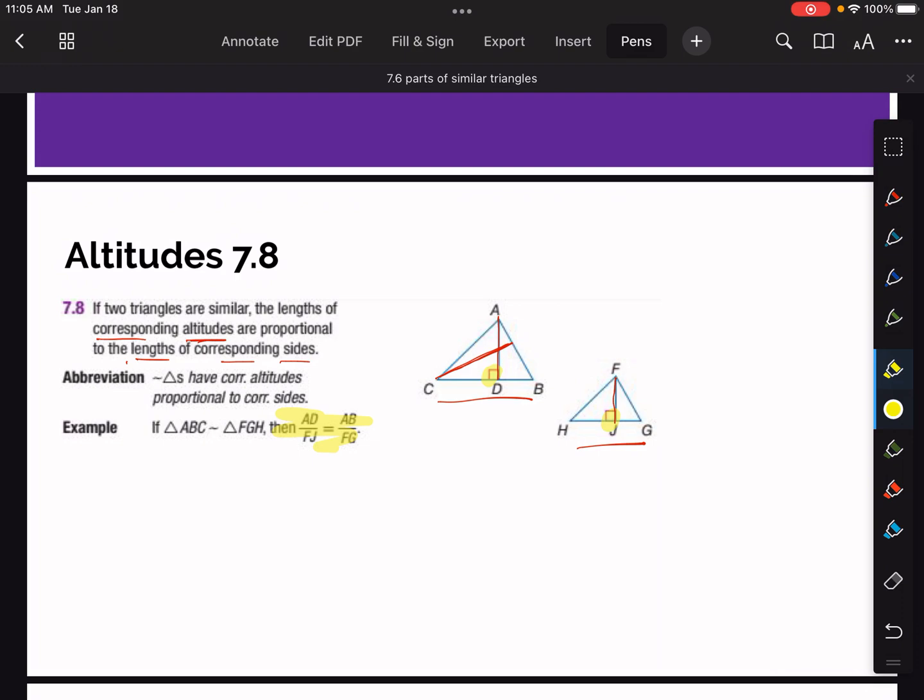So if you look here, AD, which is an altitude of my first triangle, over the altitude of my second triangle, FJ, is equal to any side length. So they chose AB here. So this side length here, that guy over its corresponding part, FG. Okay, so that's super helpful in solving some of these triangles.